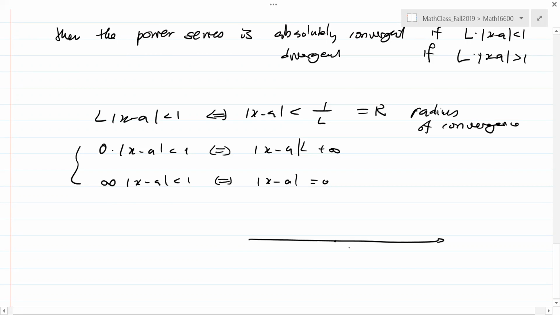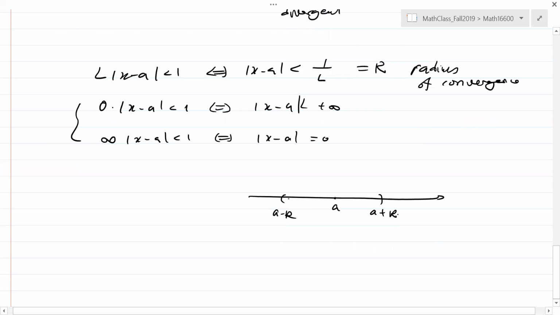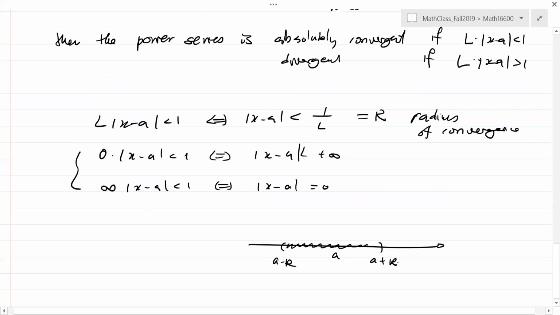Okay, so here's a minus r, a plus r. We don't know the endpoints, but the set of x for which the power series is convergent, okay, is usually the interval, possibly including endpoints, right? But this is, at least for this kind of power series, when the limit exists.